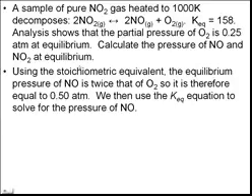Now we know right away from the balanced equation that for every O2 that is produced, there are 2 nitrogen monoxides that are produced. So if we know that the pressure of O2 at equilibrium is 0.25, then the pressure of NO at equilibrium must be twice that much, because for every one of these that was made, we got 2 of the NOs.